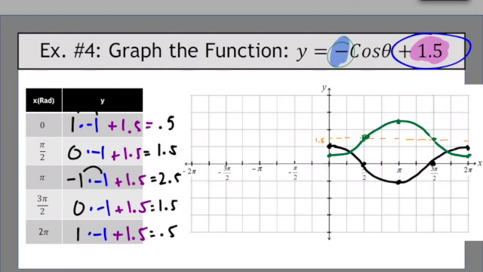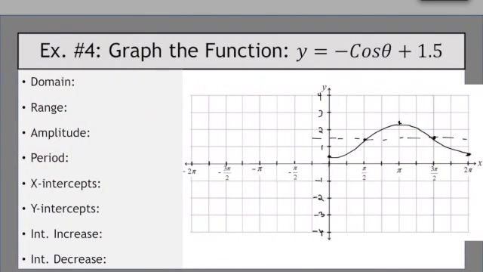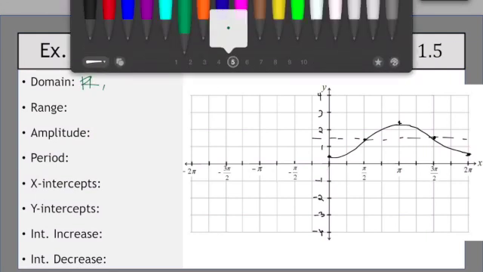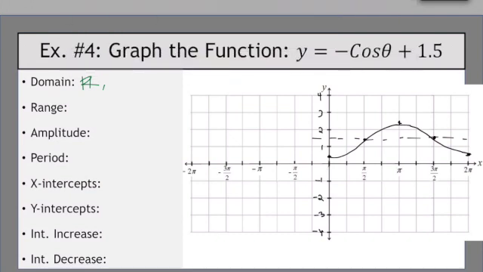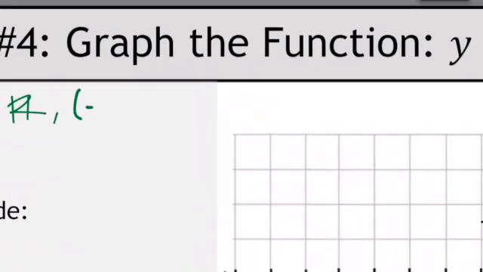Let's look at all of the features of this graph. Let's go ahead and find the domain. We know the domain is going to be all real numbers, or from negative infinity to infinity.